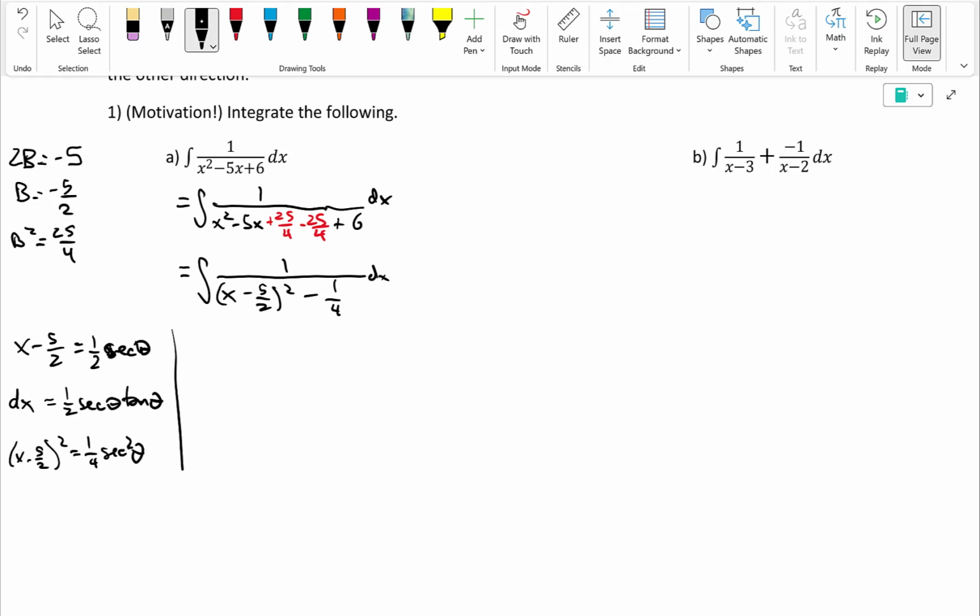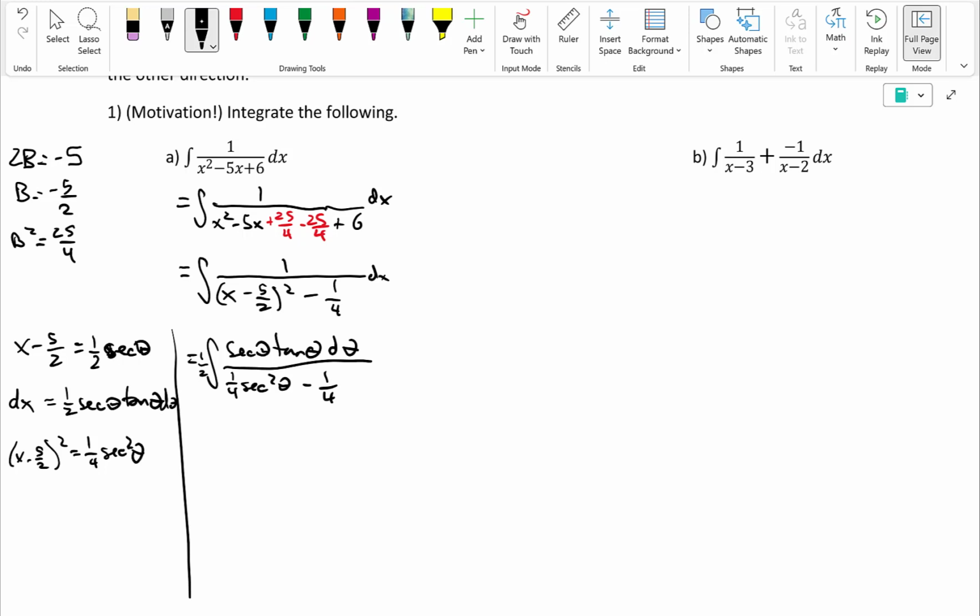So we can continue over there with our trig sub and rewrite our integral as, let's put a 1 half outside here, secant theta tan theta. I didn't write it over there, but we can squeeze in our d theta over our 1/4 secant squared theta minus 1/4.